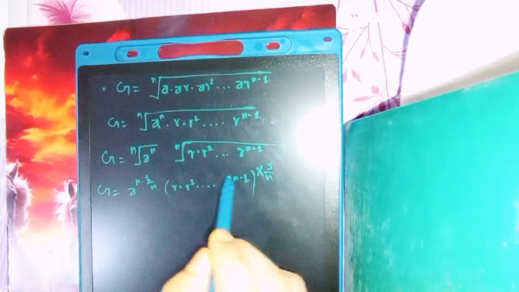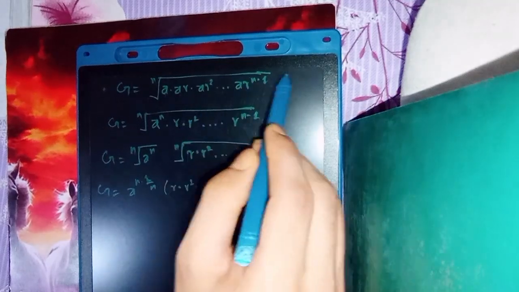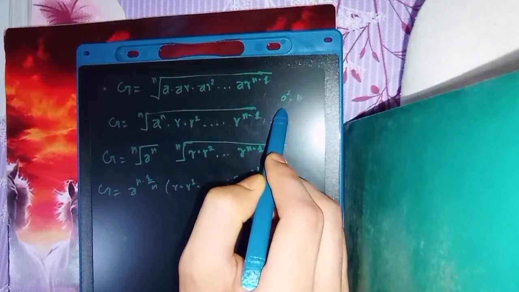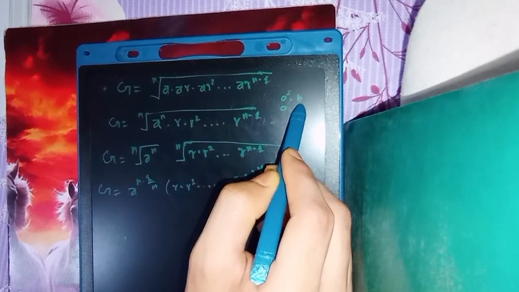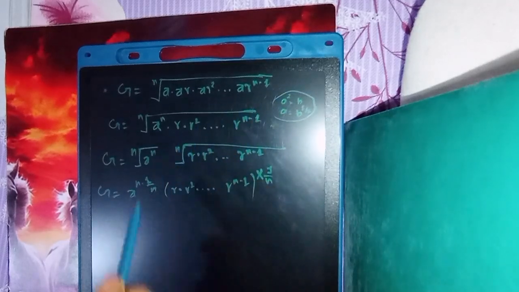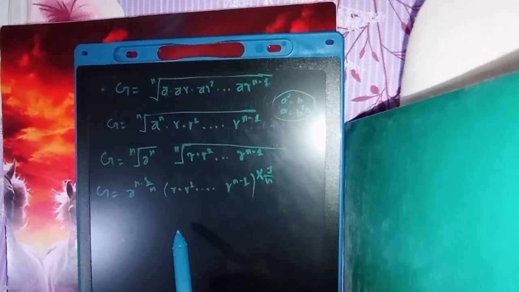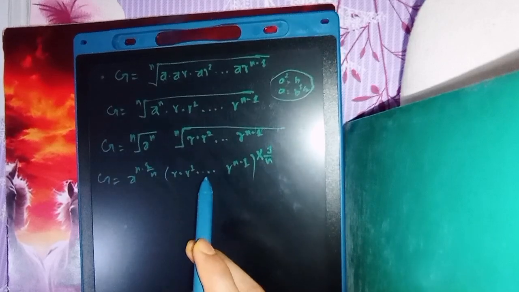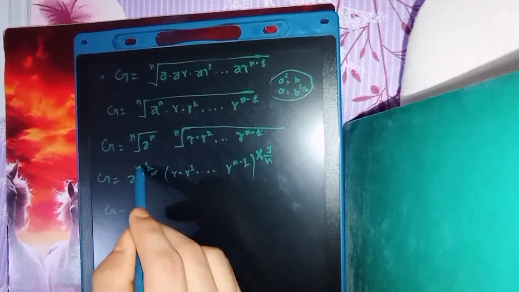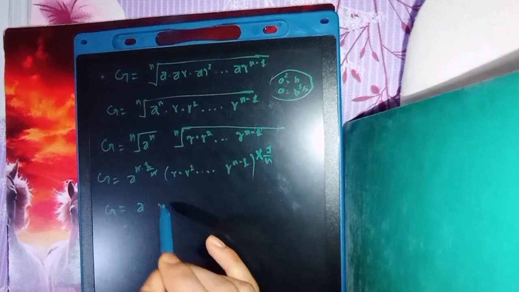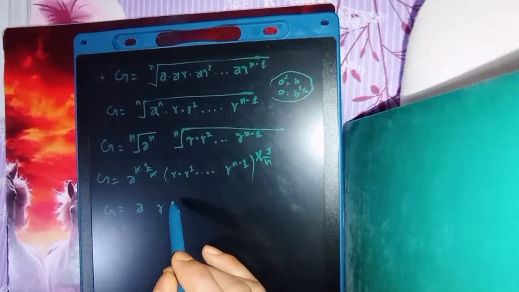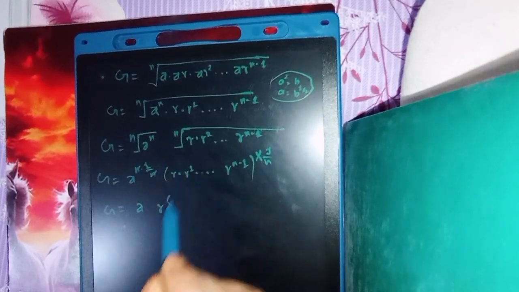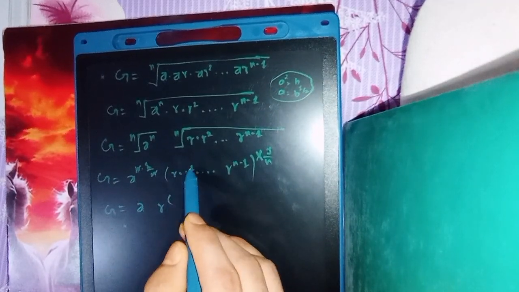Just like if a square is equal to b, then we can write a is equal to b power 1 by 2. So applying this here, we reach this term. Now G is equal to n and 1 by n cancel out, and a power 1 is a. We will take r common here and apply r power 1, r power 2.